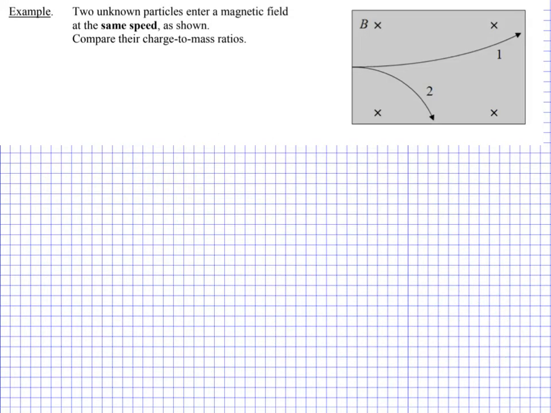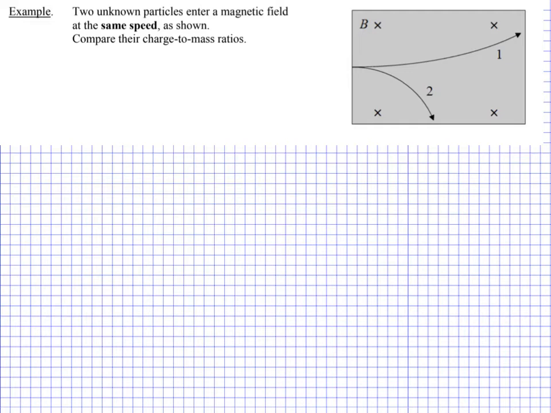Okay, so in the previous example, we sort of intuitively said to ourselves that something with a greater mass is going to have a larger radius of curvature because it has a greater state of inertia. It's harder for it to change direction.